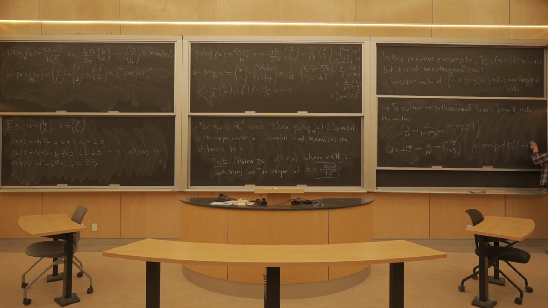So that's root 5. So now this vector is going to be, let me just write the whole basis. That's my first vector. And then my second vector is going to be minus 1 divided by root 5, and then 2 divided by root 5. This has norm 1. This also has norm 1. And if you look at their inner product, it's going to give you 0.